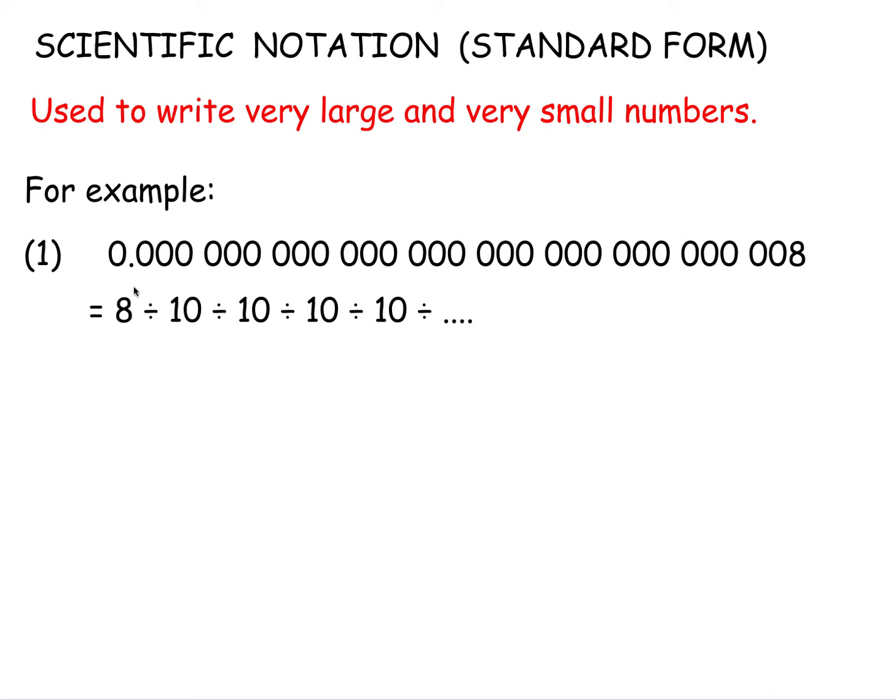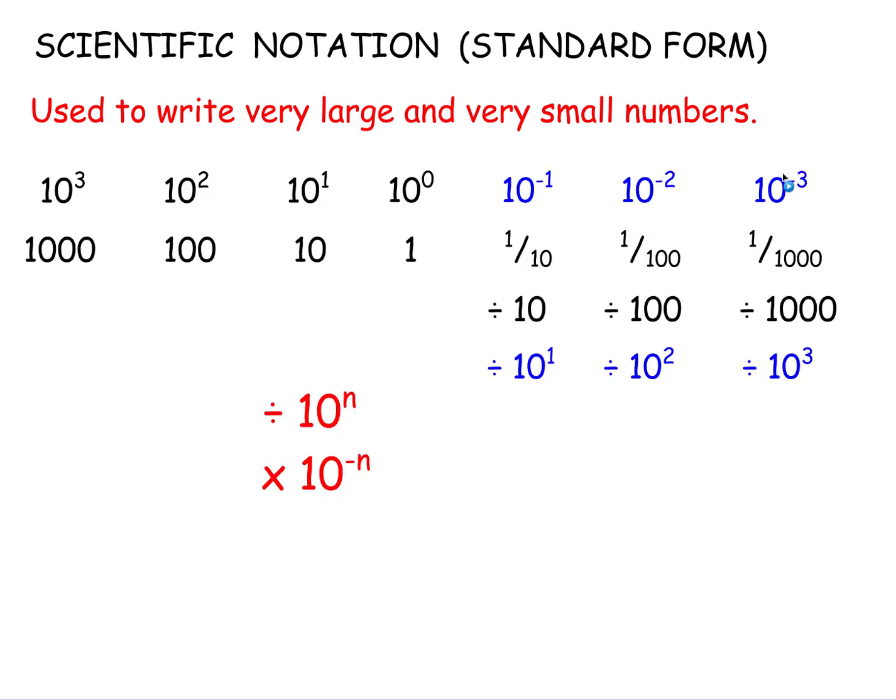So to get the decimal point to move from here to after the 8, the decimal point has to move 30 places. In other words, you divide by 10 30 times. So if you divide by 10 30 times, division by 10 to the power 30, using that result, is the same as multiplying by the negative power.